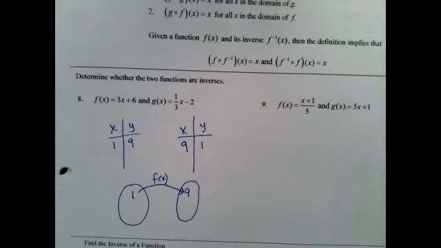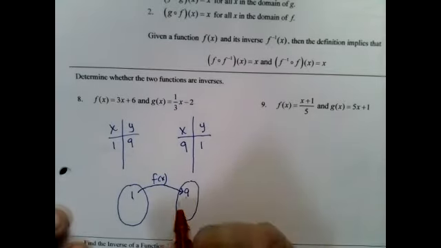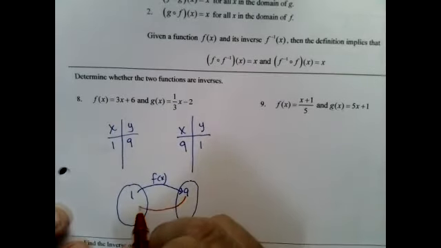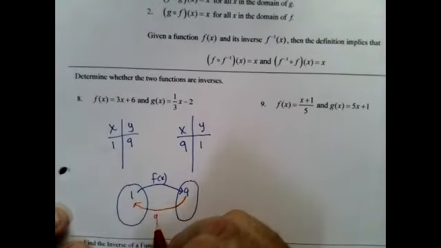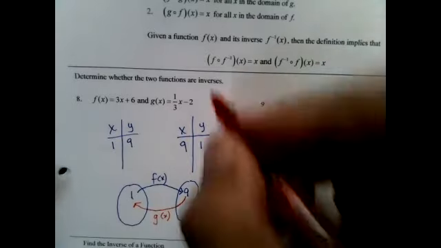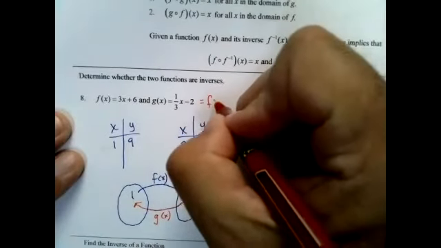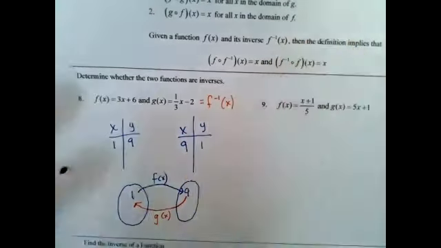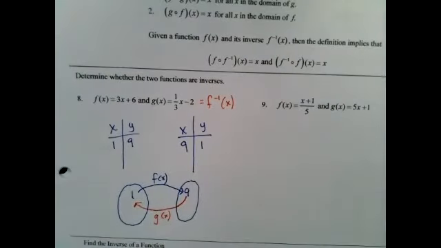And some of you are starting to go, oh, I kind of remember this kind of stuff. And then if I go here to get back over to 1, what's that function that gets me back to where I started? That function in this case is g of x, but we're also going to write it as f's inverse. We're going to see it written like that.